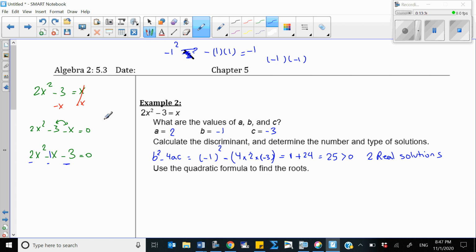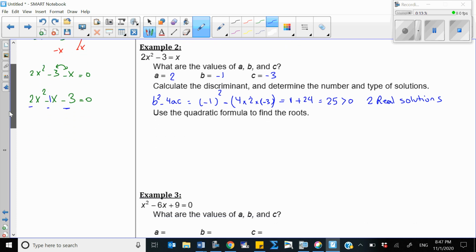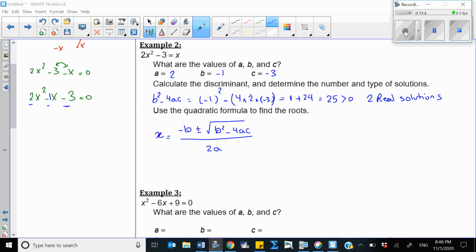Next, we're going to use the quadratic formula to find them. Here's our quadratic formula, and we're just going to replace the a, b, and c values into the formula. Negative b is negative times b, which is negative 1.